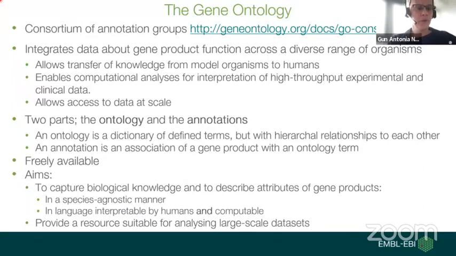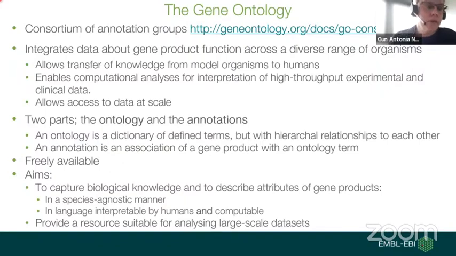And the Gene Ontology aims to integrate data about gene product function. I'm going to use gene product and the term gene a little bit interchangeably, but when I say gene, I actually mean gene product, so for example, proteins and non-coding RNAs. So the GO integrates data about gene product function across a very diverse range of organisms, ranging from bacteria to human.